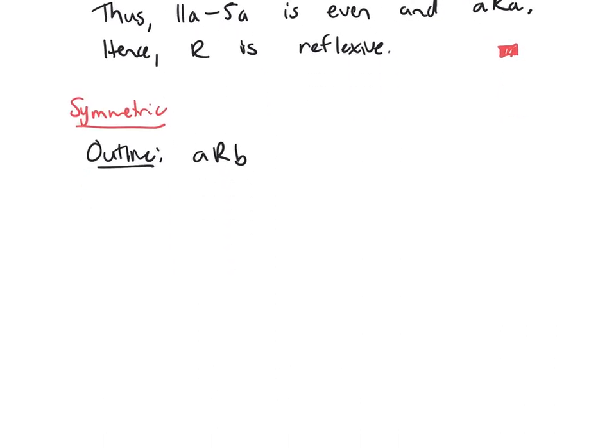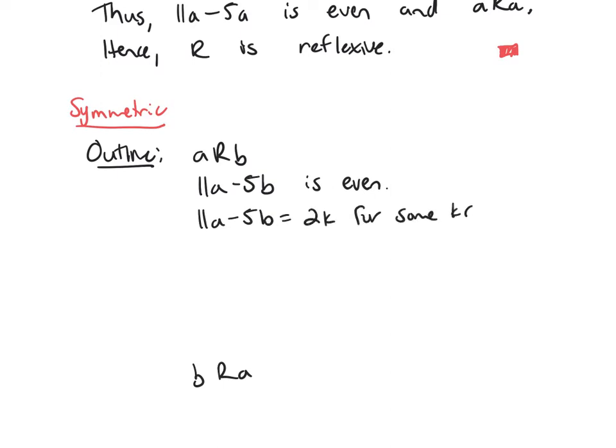In the end, we need to say that B is related to A. Well, if A is related to B, that means 11A minus 5B is even. So 11A minus 5B is 2 times K for some K in Z.